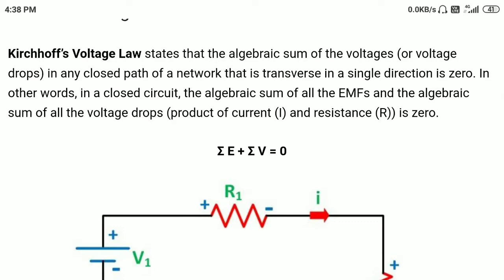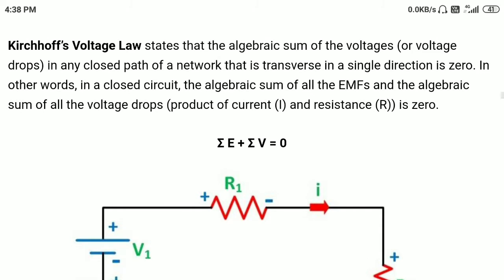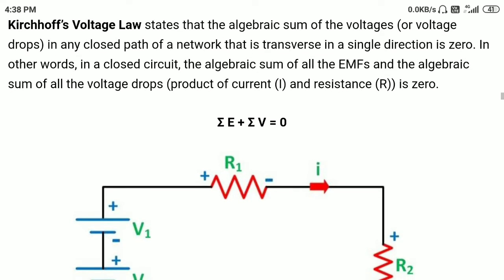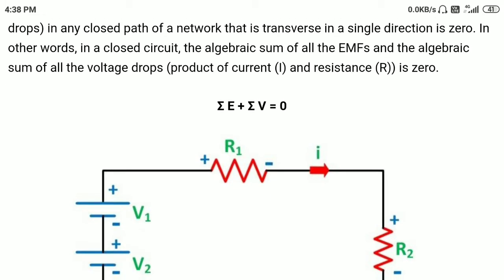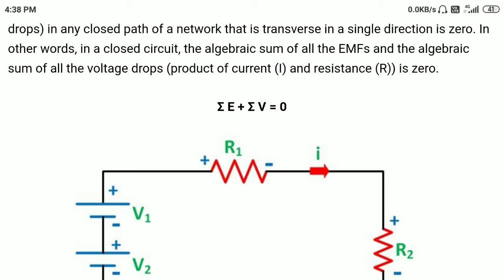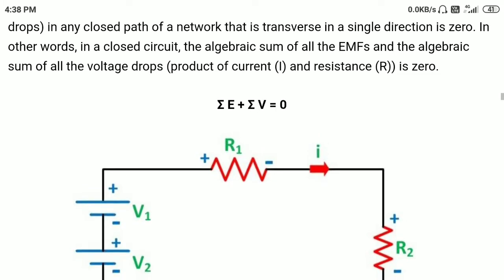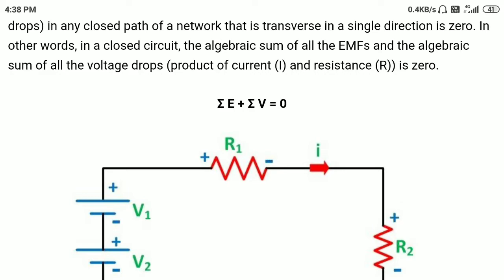In other words, in a closed circuit, the algebraic sum of all the EMFs and the algebraic sum of all the voltage drops, that means the product of current and resistance, is 0. Here, summation of E means the induced EMFs, plus the summation of voltage drops. That means sigma E plus sigma IR is equal to 0.